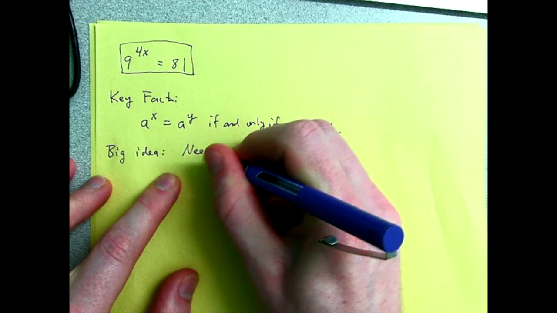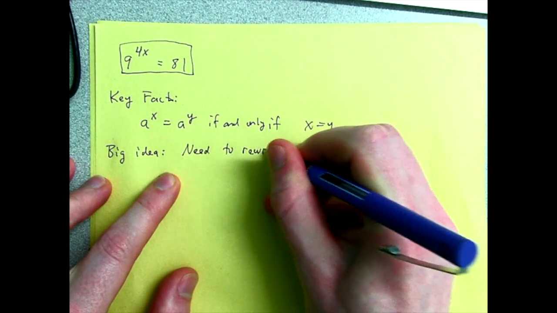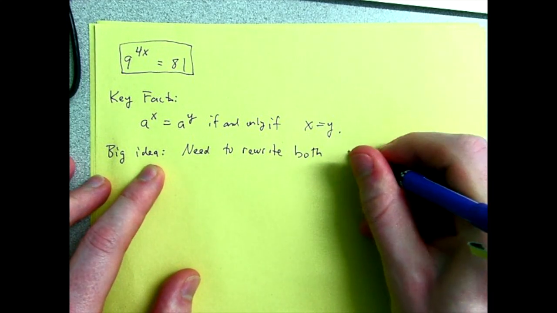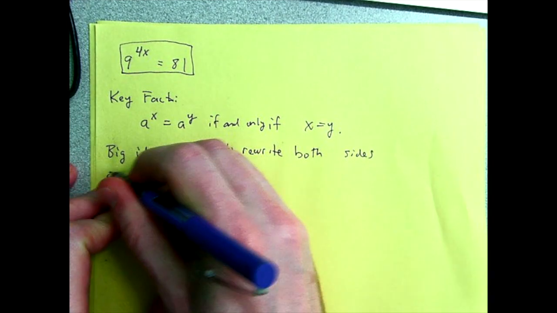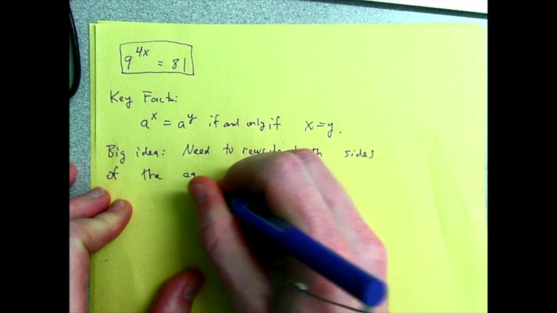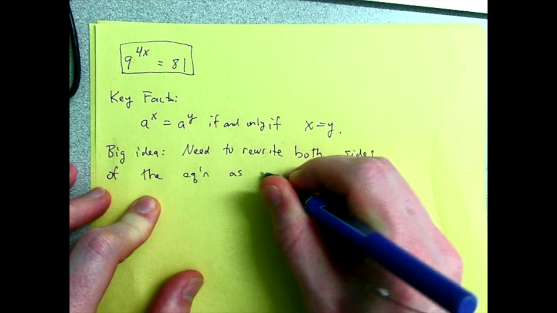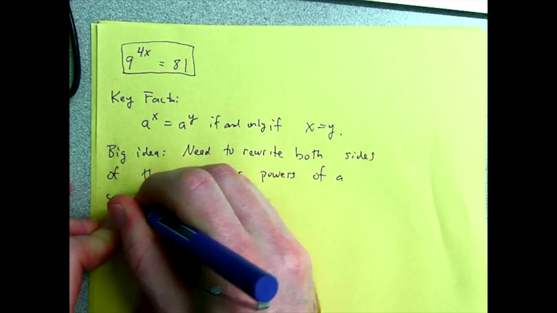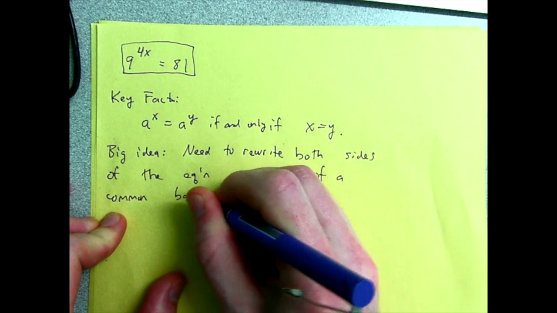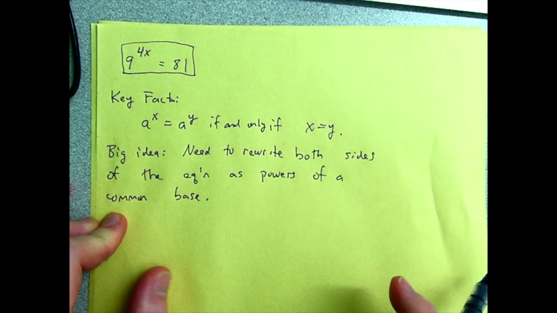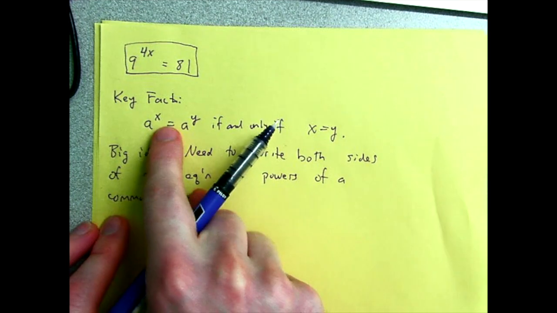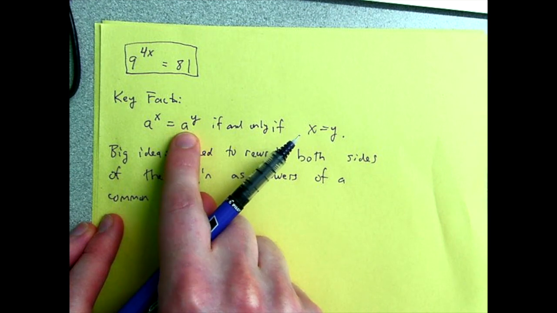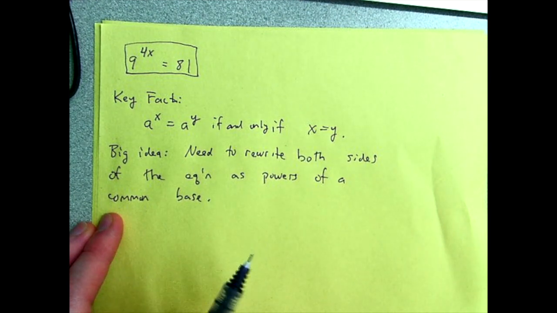We need to rewrite both sides of the equation as powers of a common base. The idea basically is you want to get the equation into this form, where both the left and the right-hand side are simply something to a power.